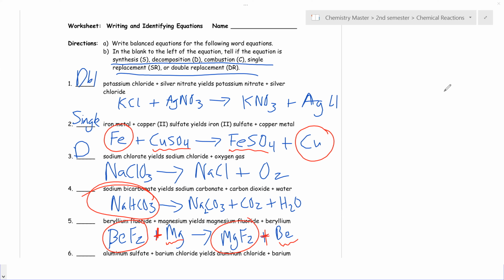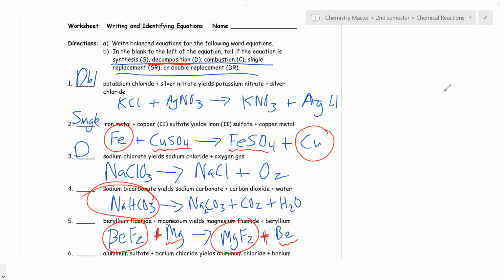And what's it doing on the other side? It is breaking down or decomposing. That one's decomposition, okay? One thing on the left side, decomposition. One thing on the right side, synthesis, okay?